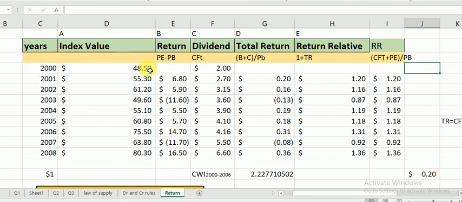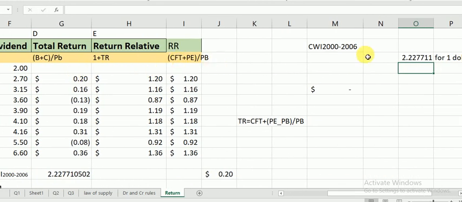Clear? I am calculating for only one stock. So what will be the value of this 48.5 in 2006? For $1 the increase is 2.22. So what will be the value of 48?